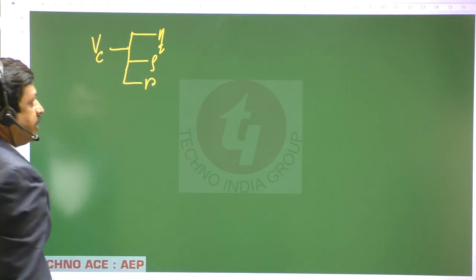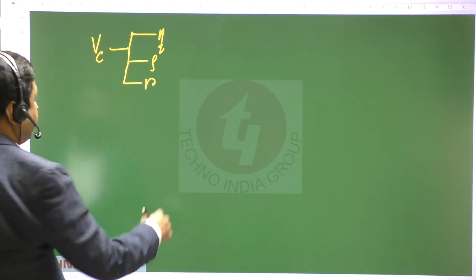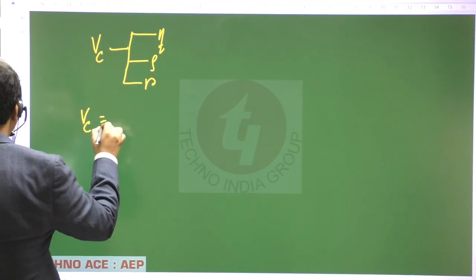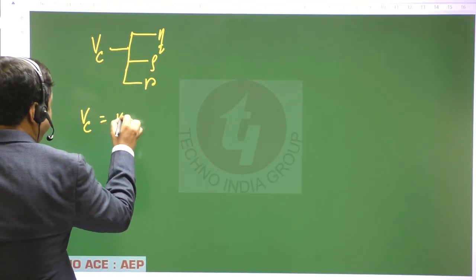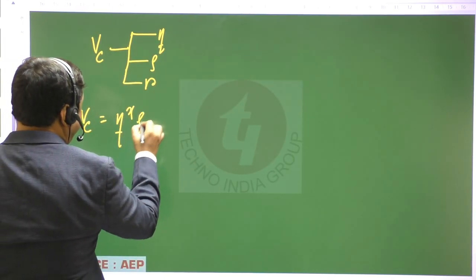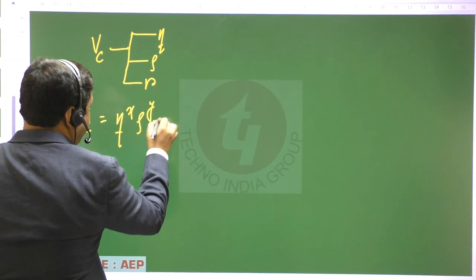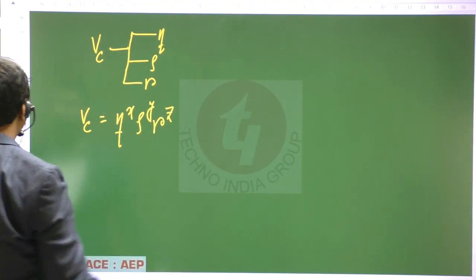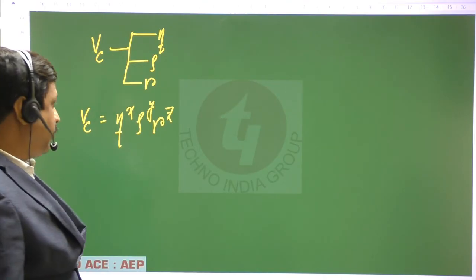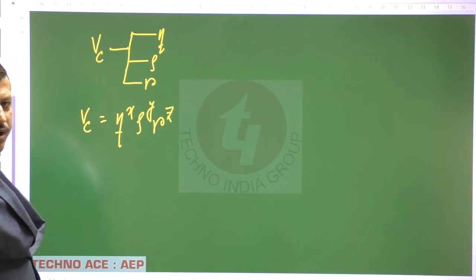It is density and radius, and the given relation is Vc equals eta to the power x, rho to the power y and r to the power z. Okay, it is given. So you have to establish a relation between these quantities.